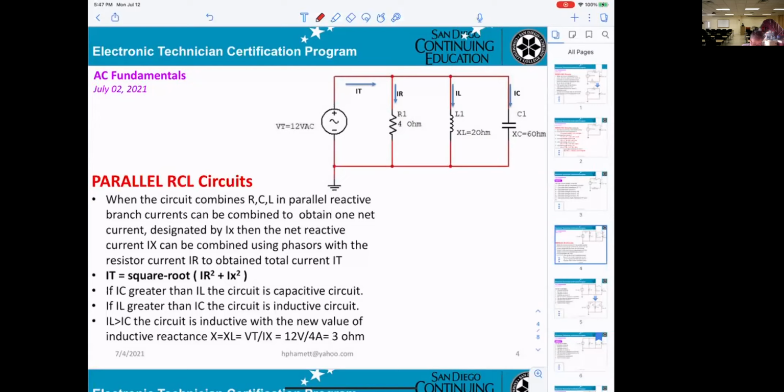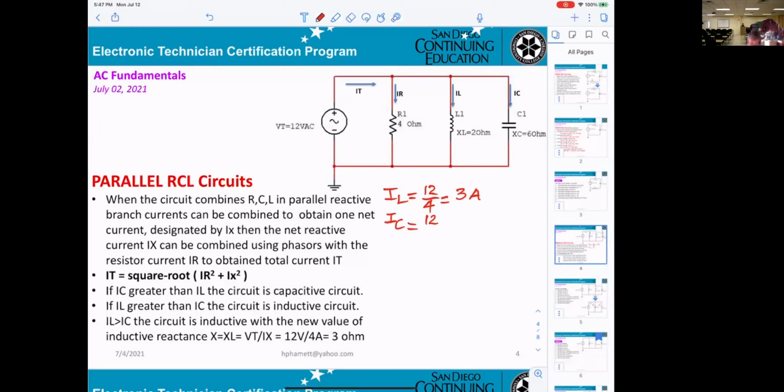Let's see, IL should be 12 divided by 4, and IC will be 12.